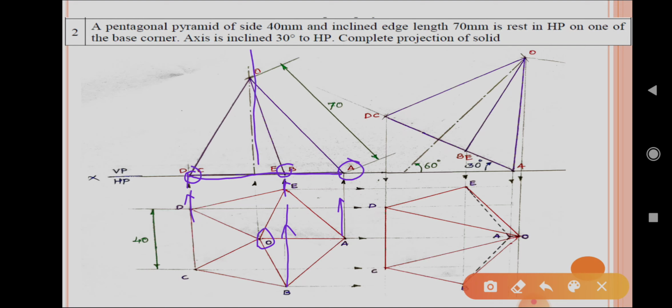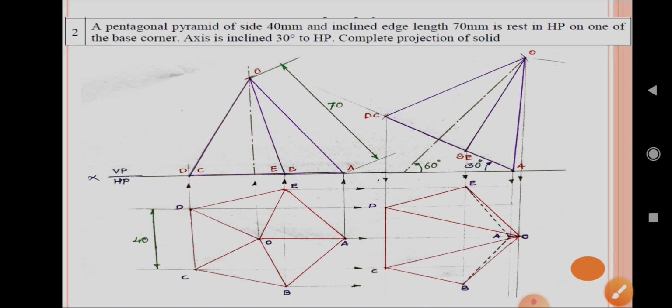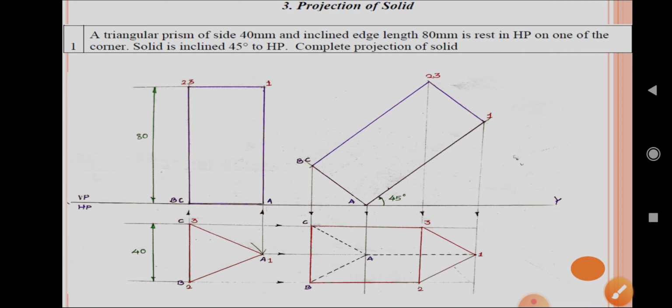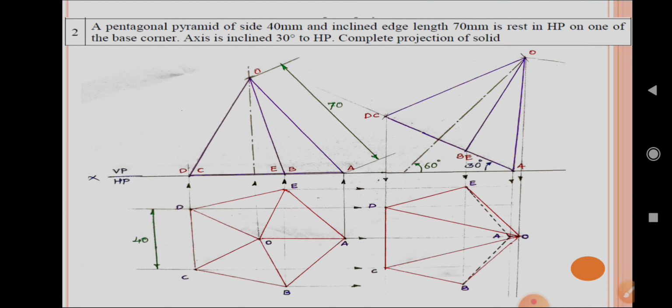The inclined edge length is 70 mm, so from point A to O we take a 70 mm distance, mark the point and connect all the points to the apex O. Finally the front view of the pyramid looks like this.